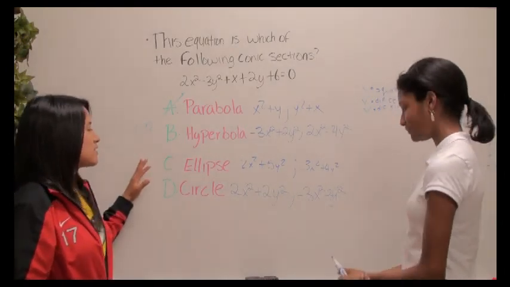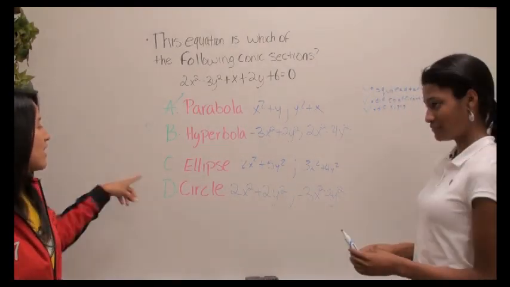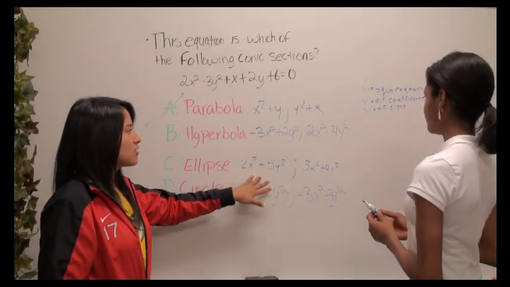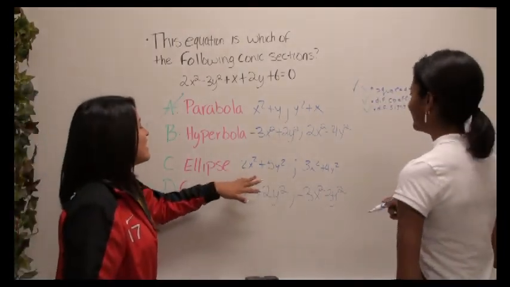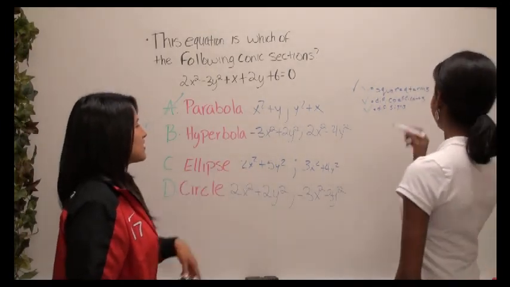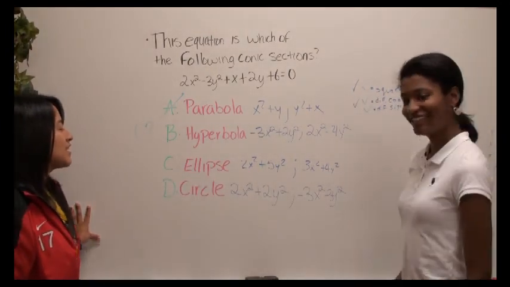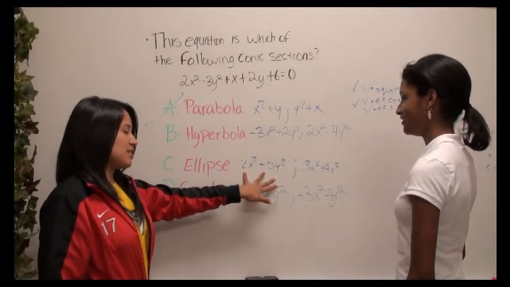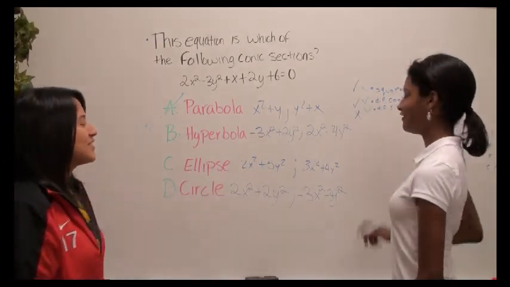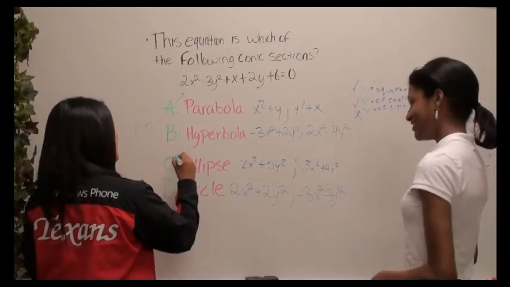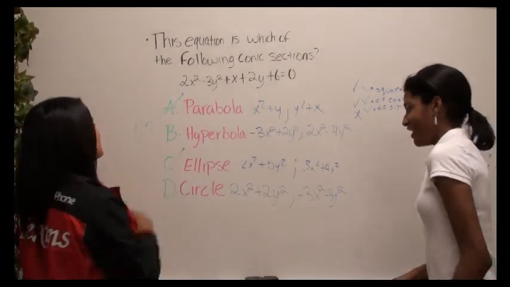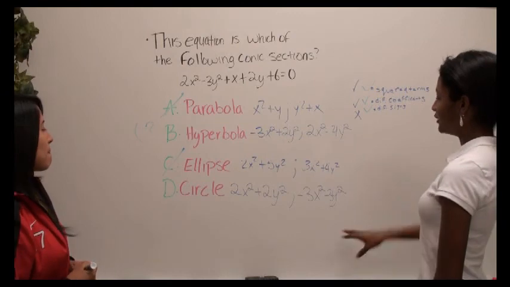Next, we have an ellipse. So we can see that an ellipse has two square terms. Check. Looks like it has it. It has different coefficients, check. But they have the same signs. Oh man. So it can't be that C one. So we'll just cross this one out. Alright. And finally, we're going to move on to our circles.